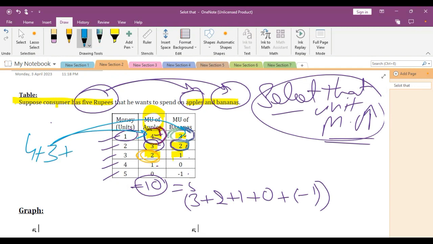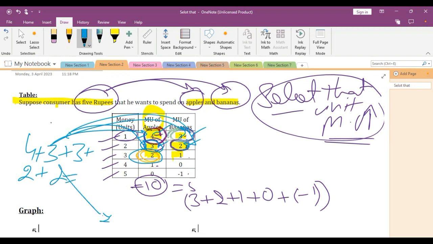Other rupee expended on apples, that gives 3 level of satisfaction. Next rupee expended on bananas, that gives 2 level of satisfaction. So how much have we already expended? 1 rupee, 2 rupee, 3 rupee, 4 rupee. 1 rupee is remaining, that is expended on apples, that gives 2 level of satisfaction.